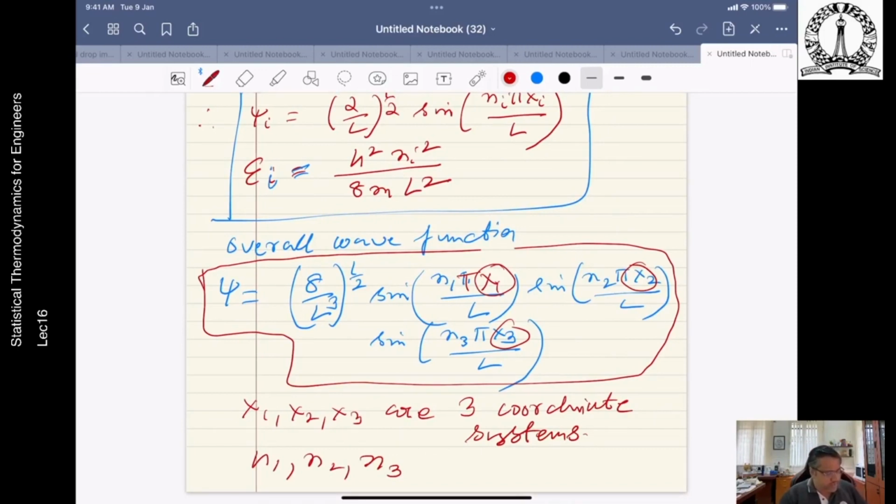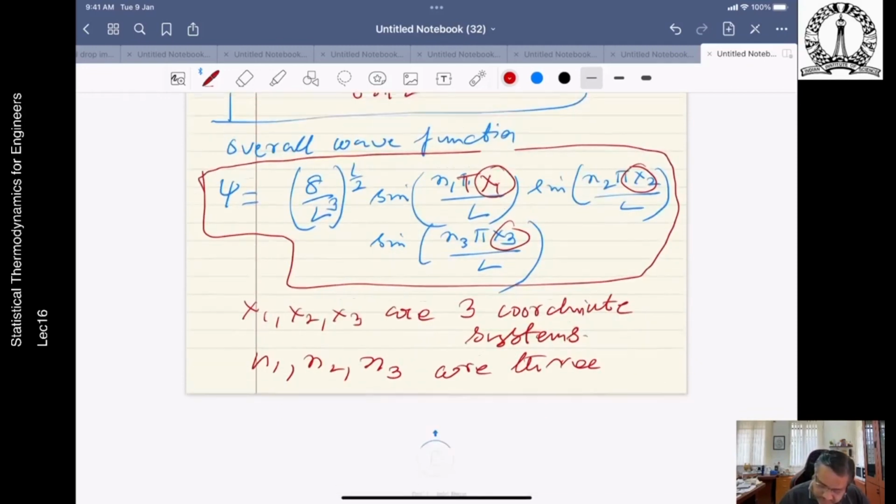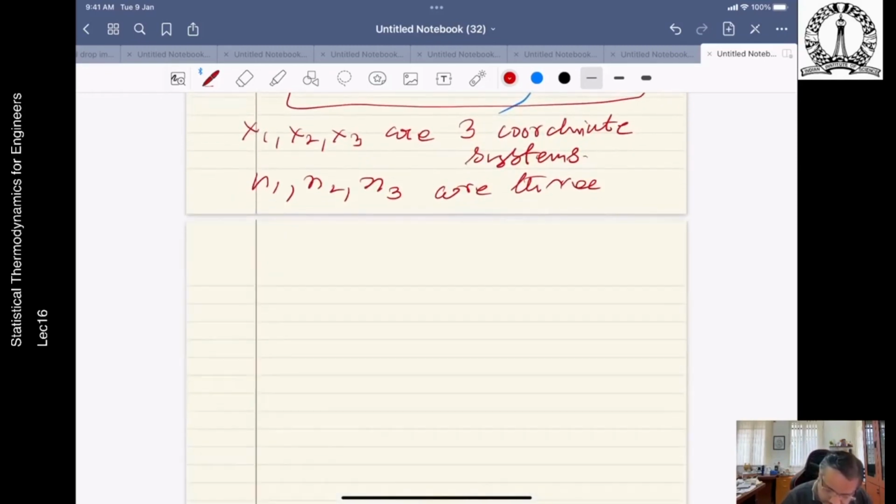These are three numbers for the three degrees of freedom, and they have integer values.